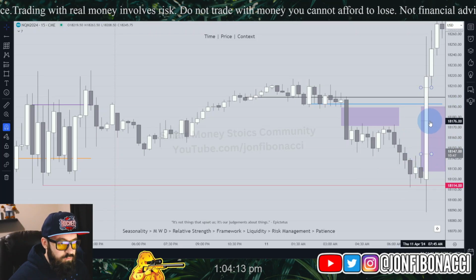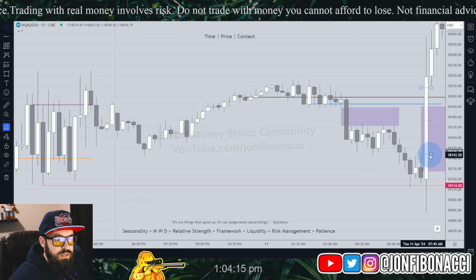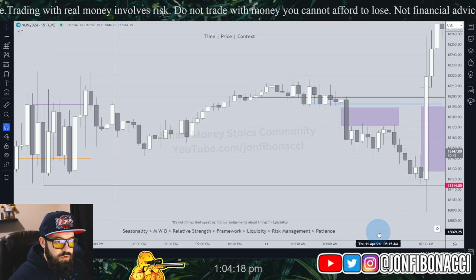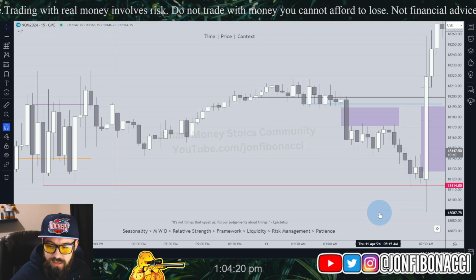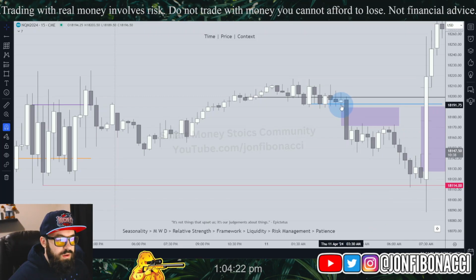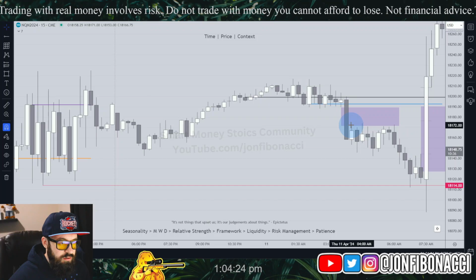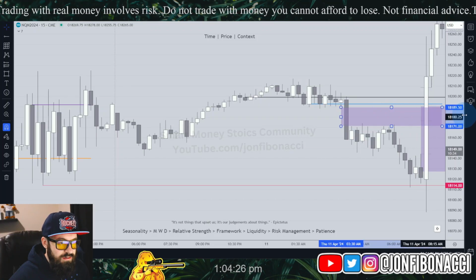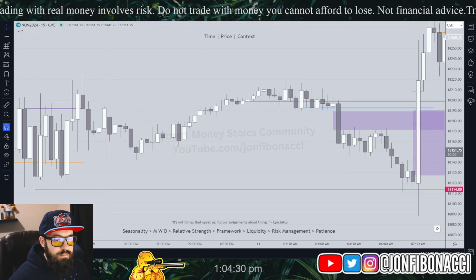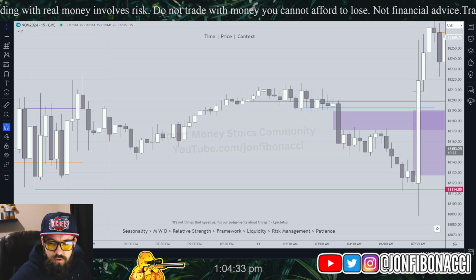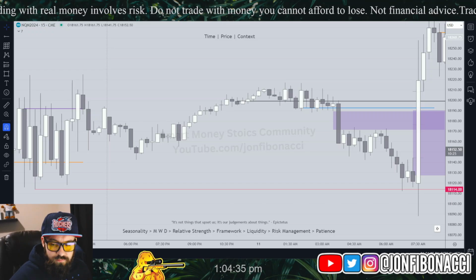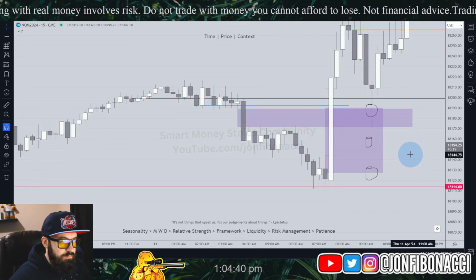Should it trade to halfway, or should it trade to the lower end? Well, my friends, this is why we have this old imbalance here. We can extend that over, and now we have confluence right there.